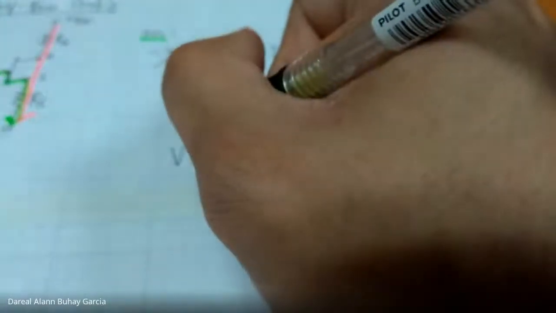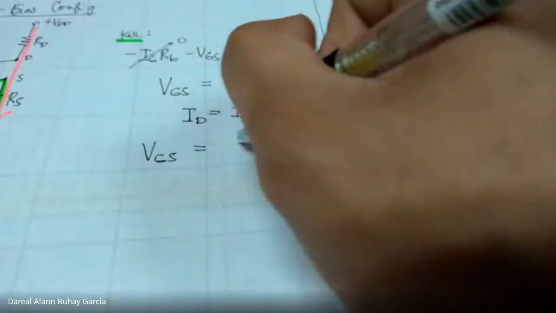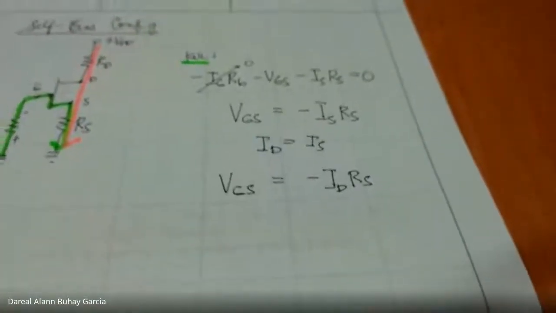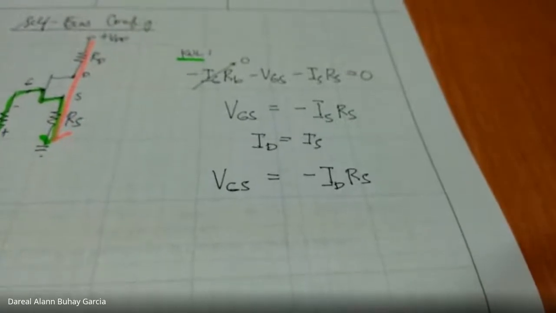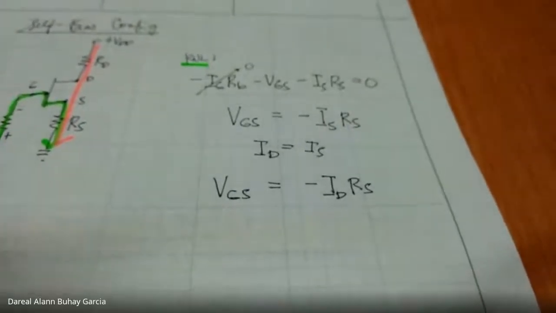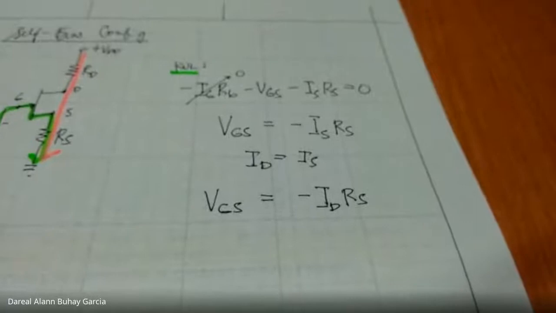Yet, ID is also equal to IS. You could restate this equation as VGS equals negative IDRS. Do you get it? Any questions so far, if you want to go through the derivation?